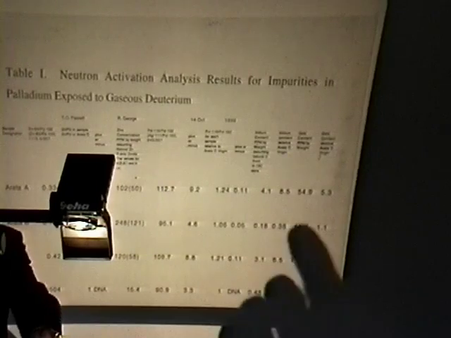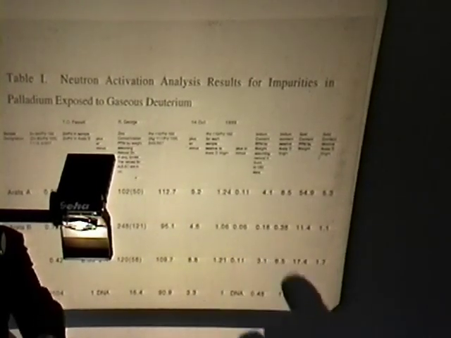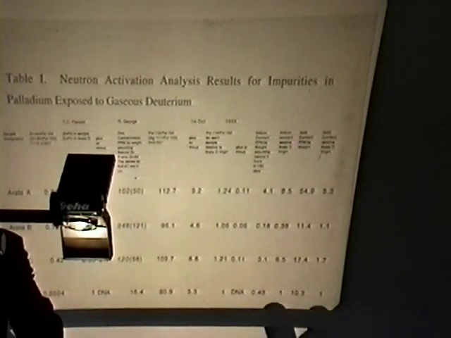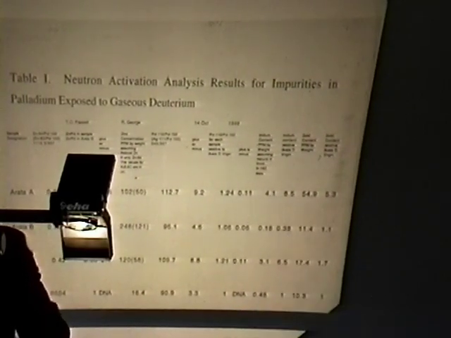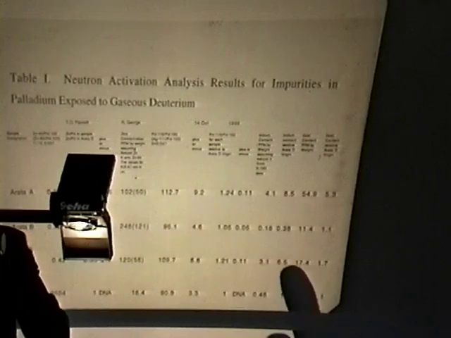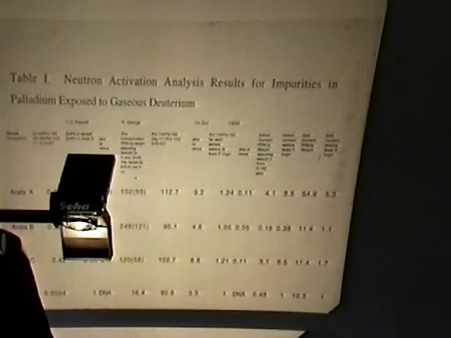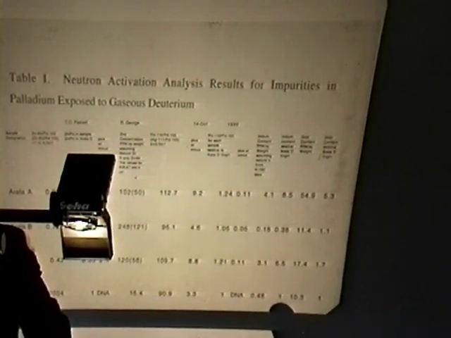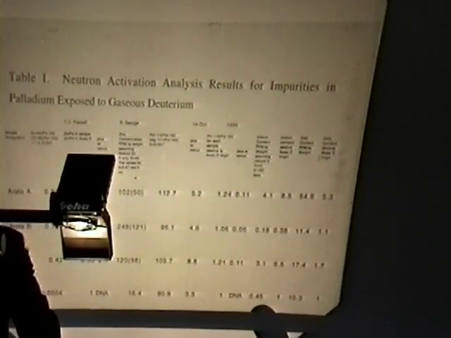fission. Then I also observed iridium 191 and gold in these samples, and in every case except one, we had increases in iridium and increases in gold. We had a decrease in the iridium in sample B relative to the virgin material.